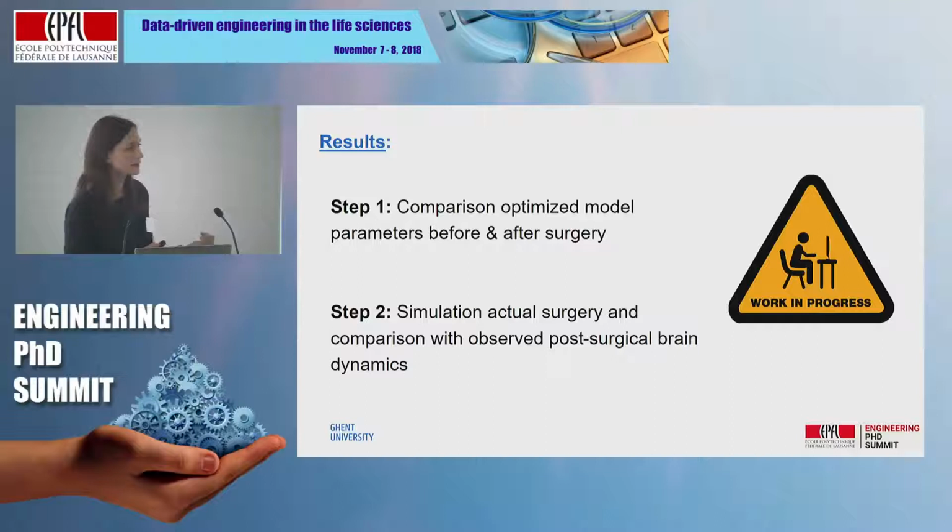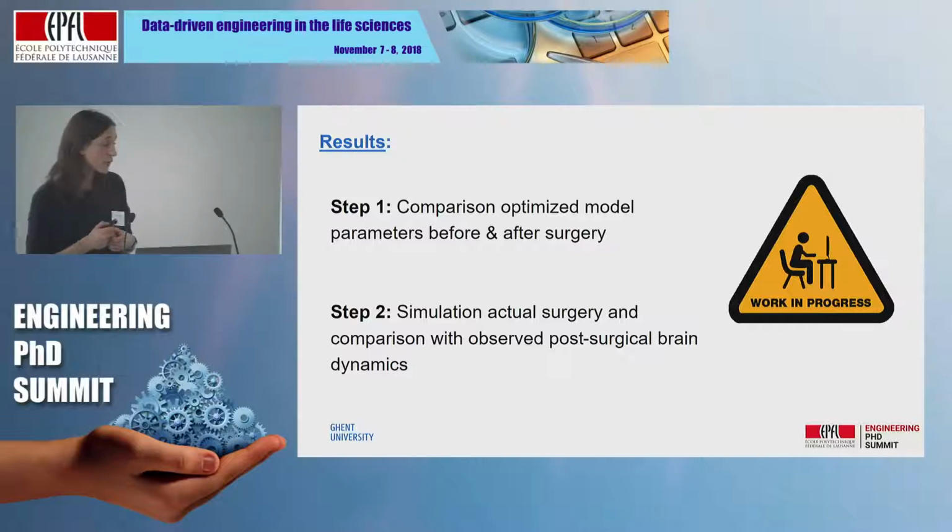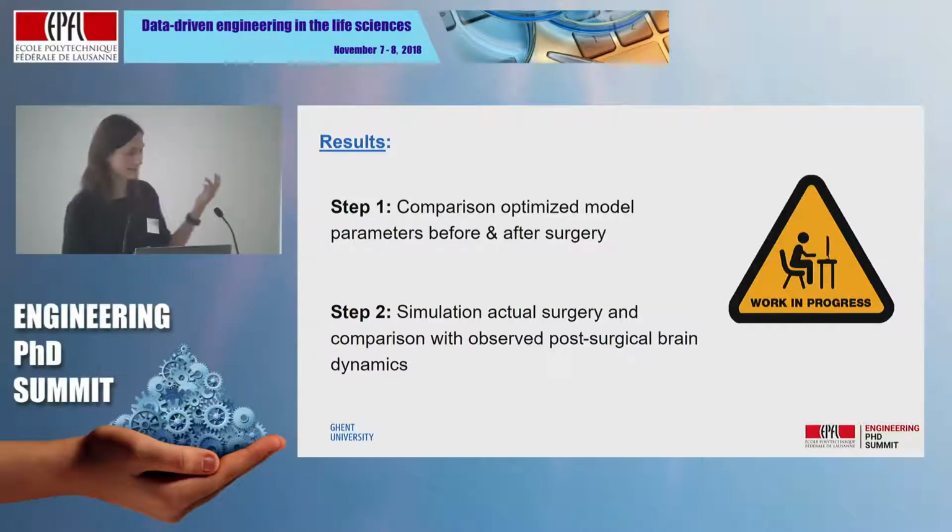And then we can compare this to the actual post-surgical brain dynamics. This would be a very important step to evaluate whether our approach would work or to what extent it might work. But this is still work in progress.